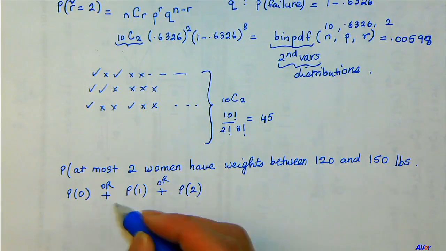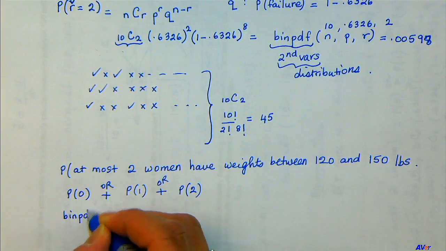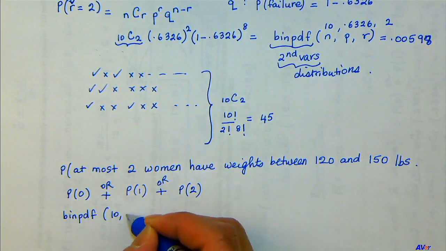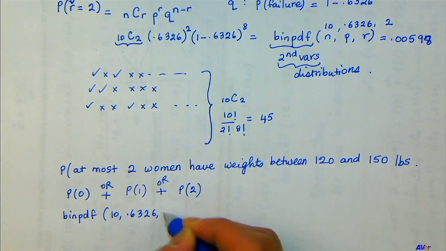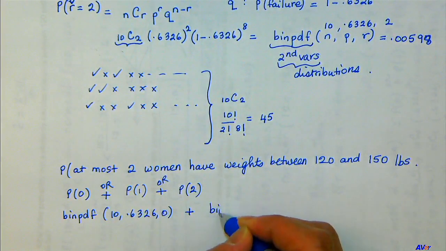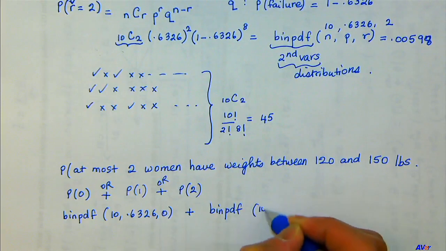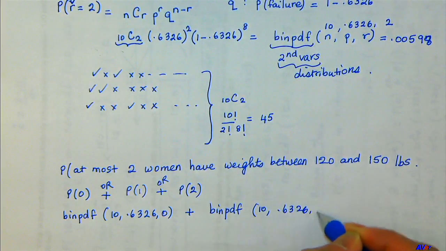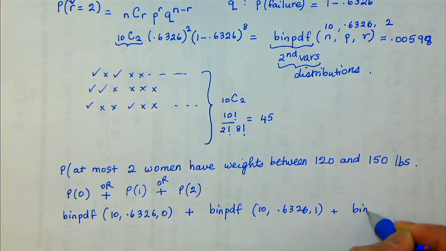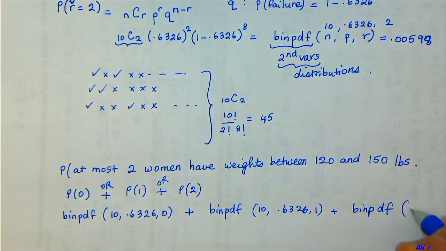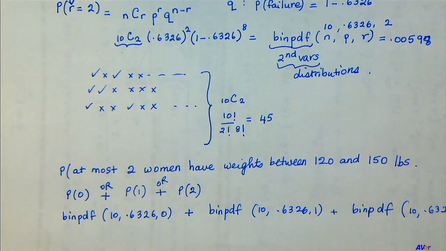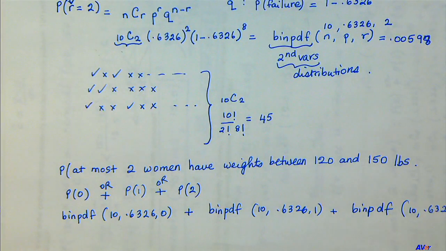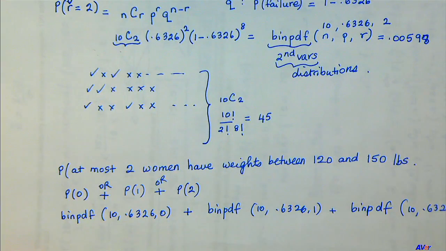So I would have to do binomial PDF 10, 0.6326, 0 plus binomial PDF 10, 0.6326, 1 plus binomial PDF 10, 0.6326, comma 2, which is a pain, right? So there is a command which will take the sum of all these 3 and give it to you in just one step.